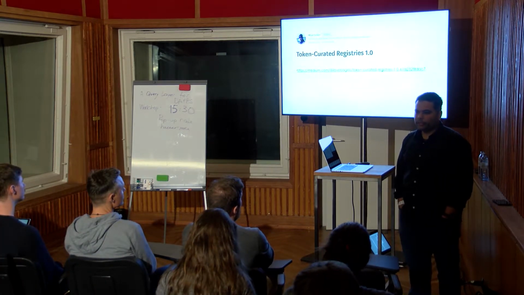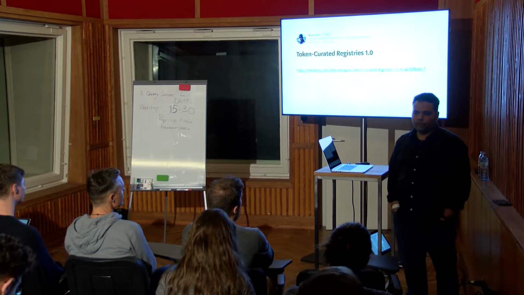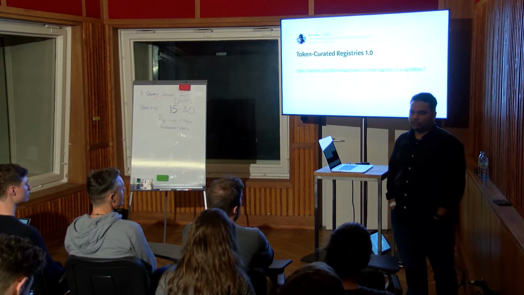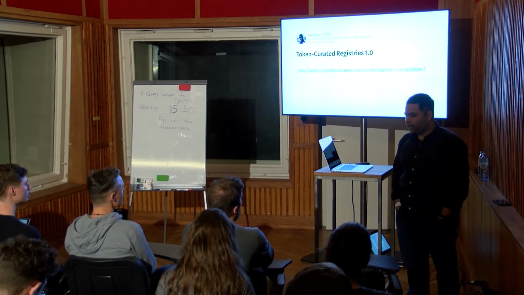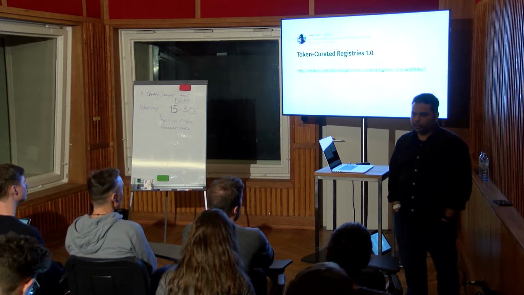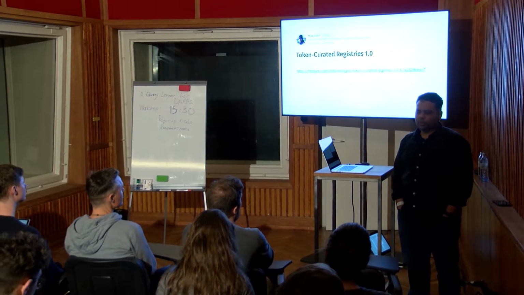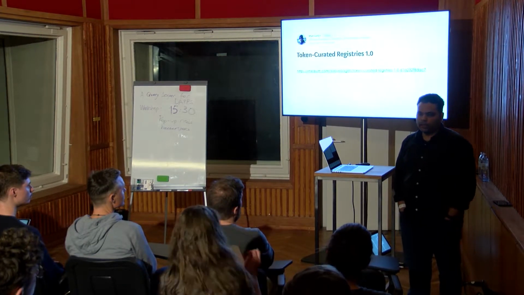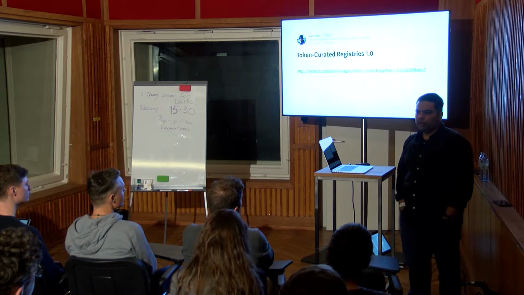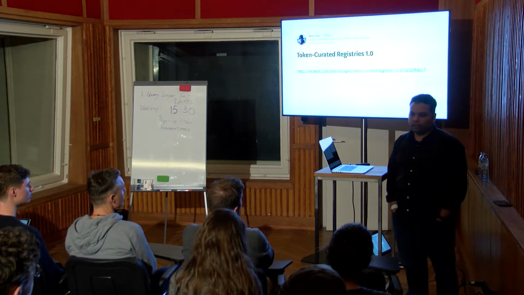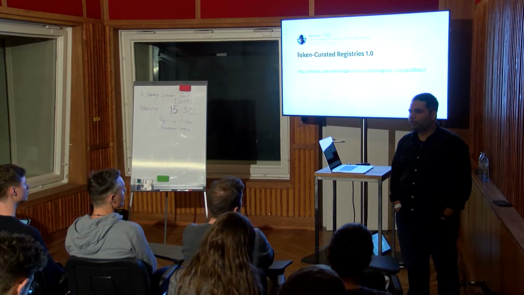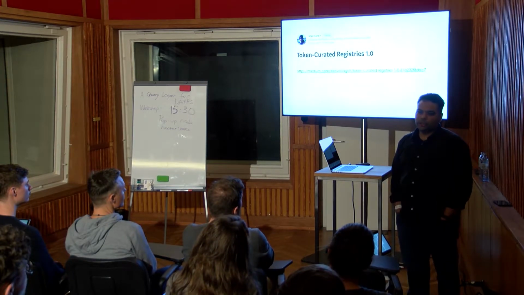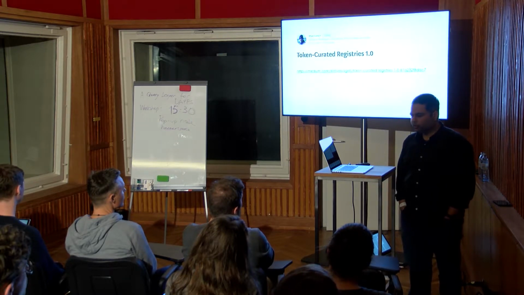The original idea came somewhere 1 year ago from Mike Golden, and the idea is now in production, implemented in AdChain registry. So there is a registry called AdChain. If you know about TCRs, then you must be knowing about AdChain as well, because that's where it is coming from. So the idea is that there is a whitelist of publishers where publishers or people applying for a position in this whitelist can submit domain names, and people who are aware of those publishers or who have worked with them can actually challenge or vote for or against these domain names, so that they can stay or be removed from the whitelist.